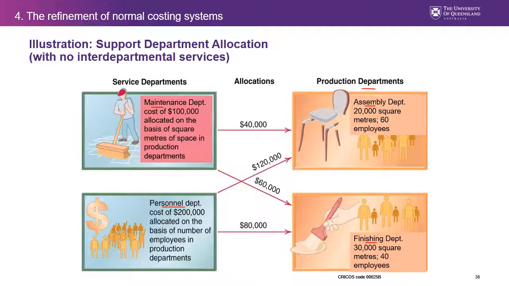This is an illustration of support department allocation, ignoring the relationship between service departments, the maintenance and personnel. We're just assuming that the maintenance department provides all of its services to the production departments, and the personnel department provides all of its services to our production departments.